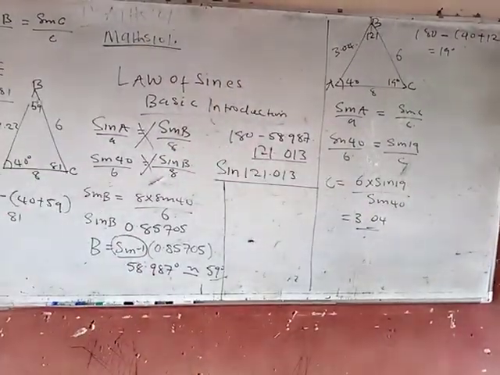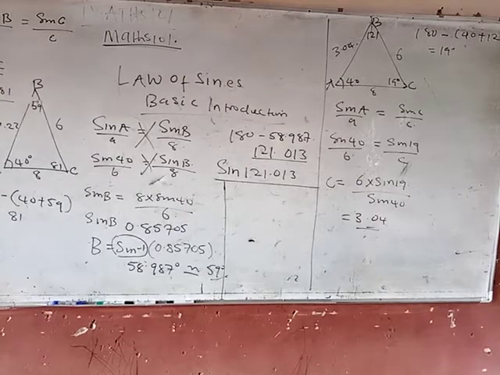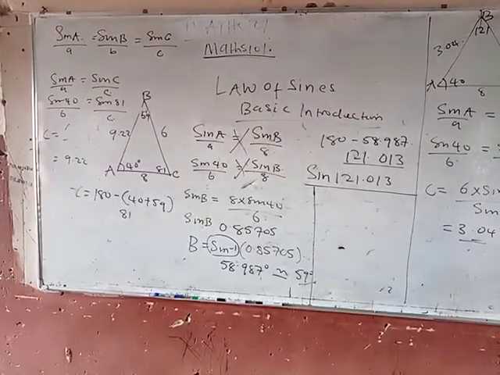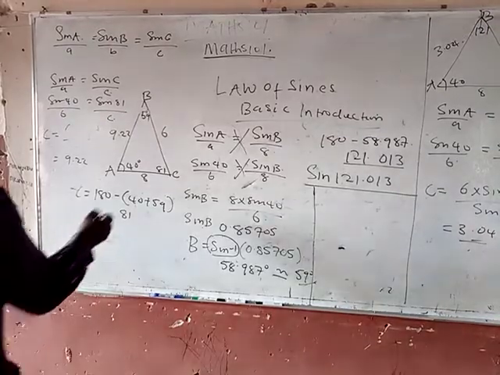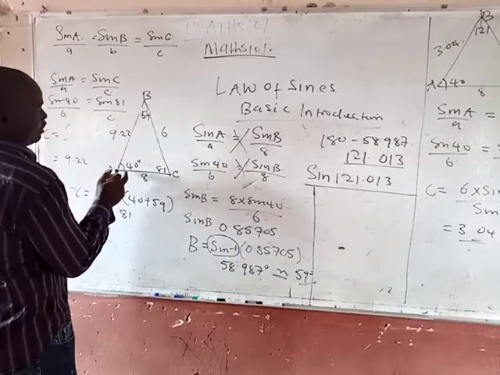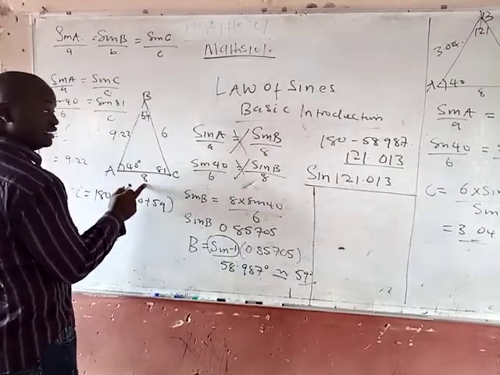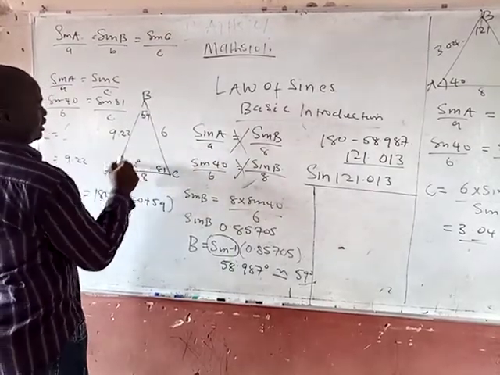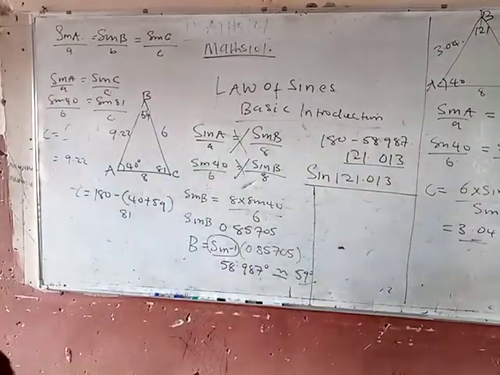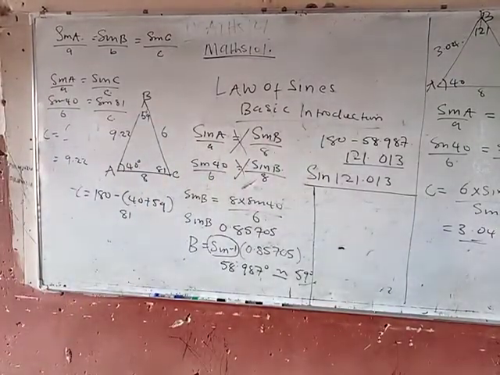Come back to the first one we did. Look at it very well. You can see the highest angle here is 81, and it has the highest side, followed by 59, which is 8, followed by 40 degrees, which is 6. So it's solvable.